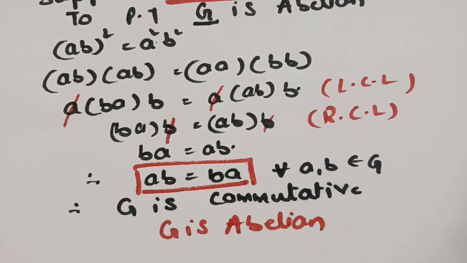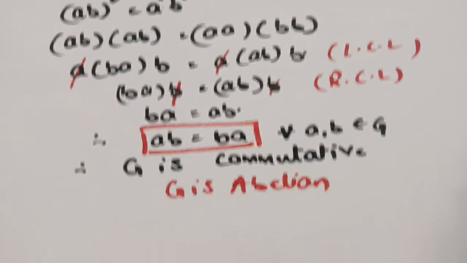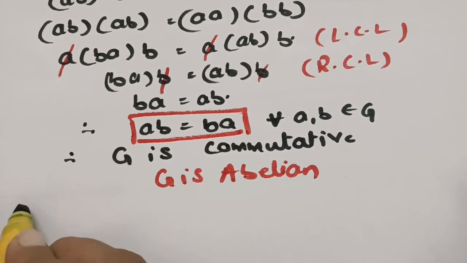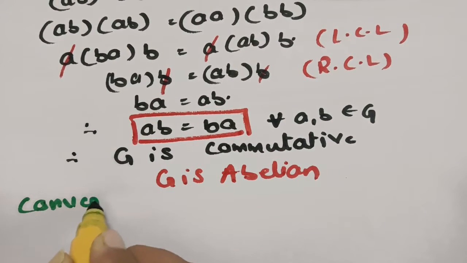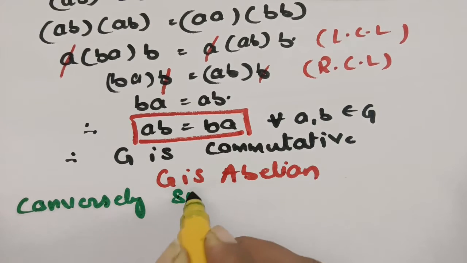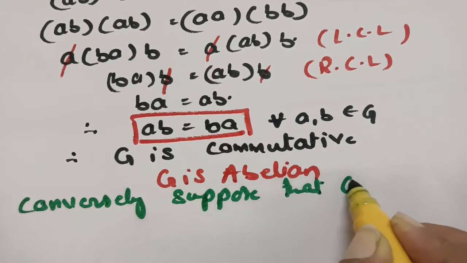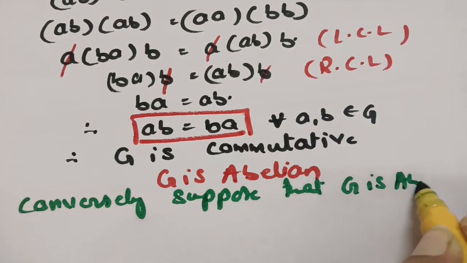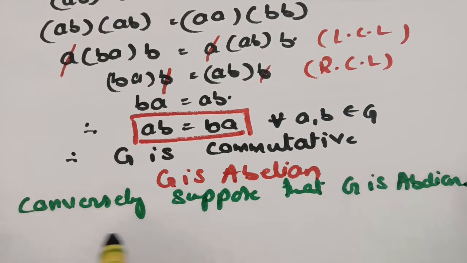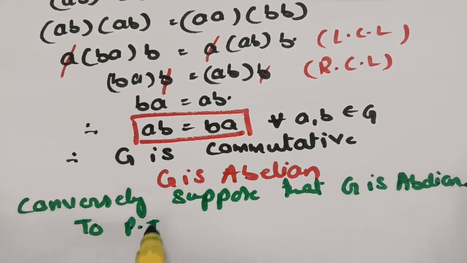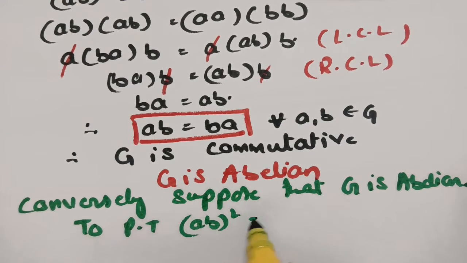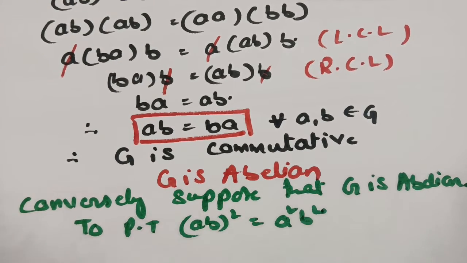Now conversely, we have to suppose that G is abelian. There are two parts here. Conversely, suppose that G is abelian this time, and we have to prove that (AB) whole square is equal to A square into B square.